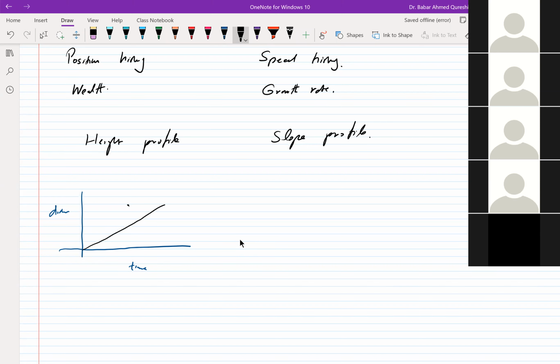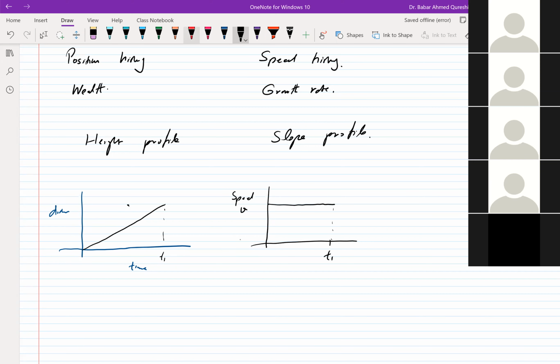So that would be a line. And constant speed means that if I draw this graph of the speed, which is the rate of change, then that would be a constant like this.